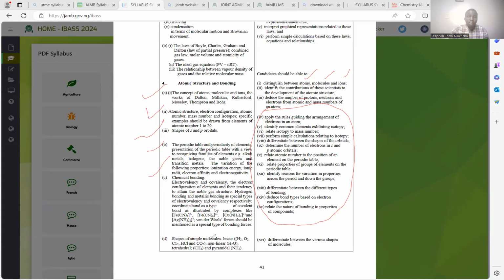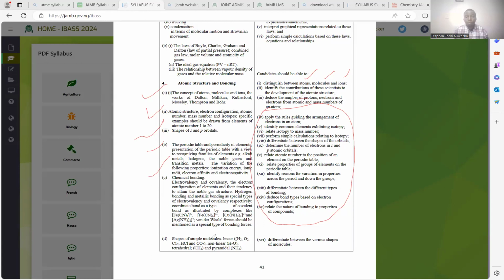For WAEC people, you are guaranteed a whole question in the theory part and 10 questions in the objective part. That makes a whole lot of sense, so doing the periodic table at this time of the day is not a bad idea.